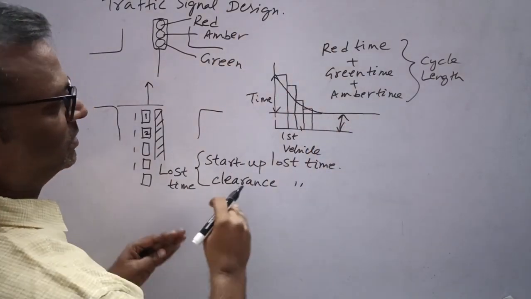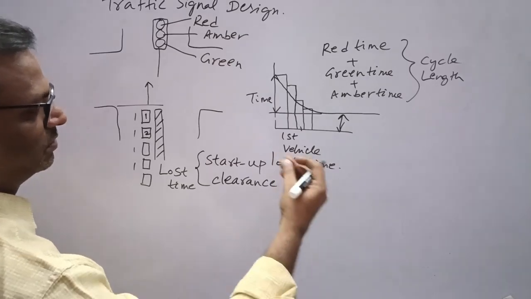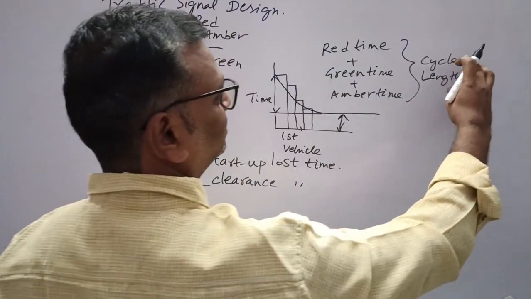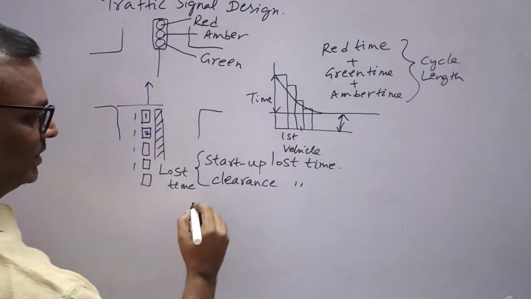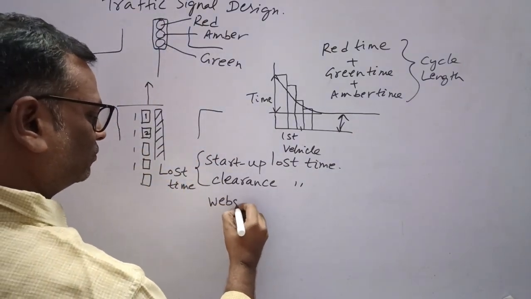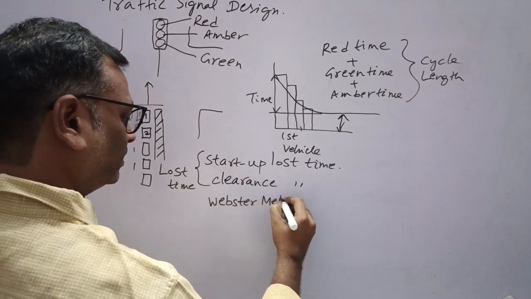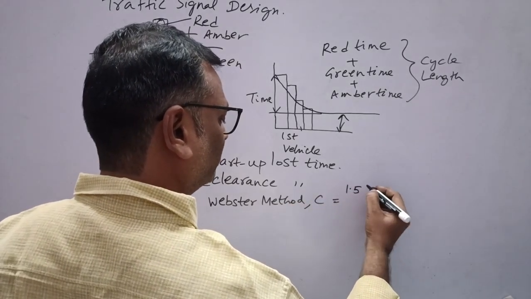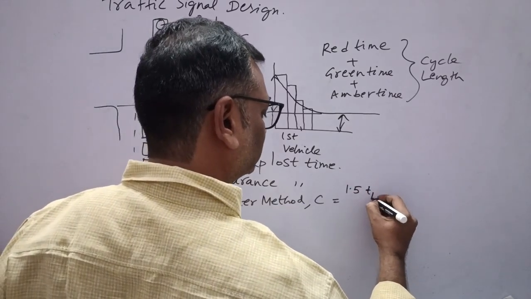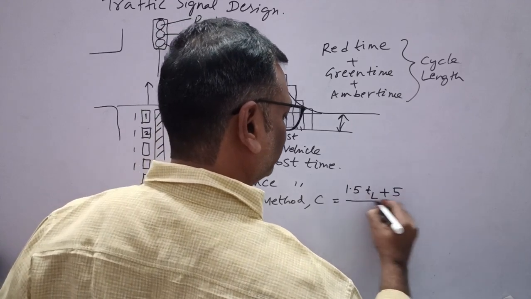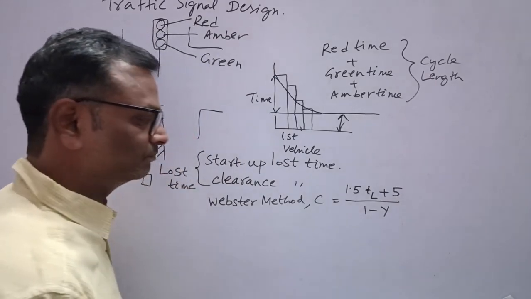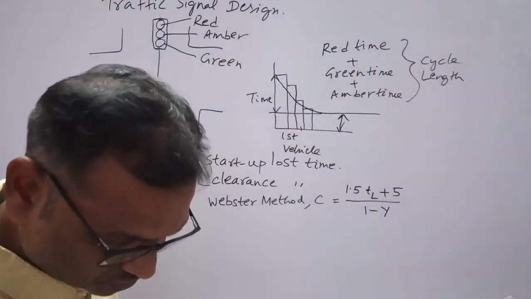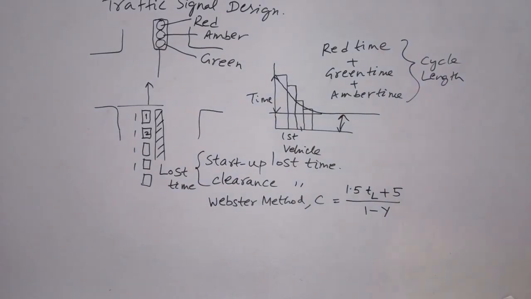Is it clear up to now? Then we will move on to the further topics in this traffic signal design. So for finding this cycle length, according to the Webster method, we have cycle length as 1.5 L plus 5 divided by 1 minus Y. I'll tell you what are all these things and explain these things.